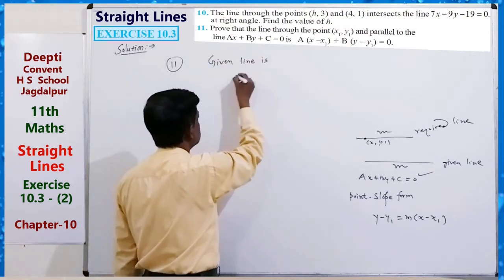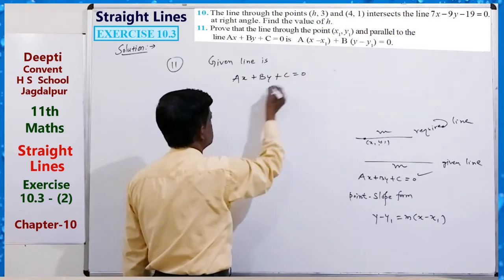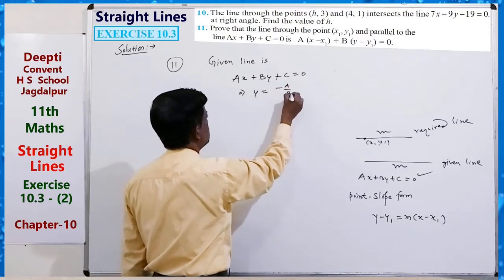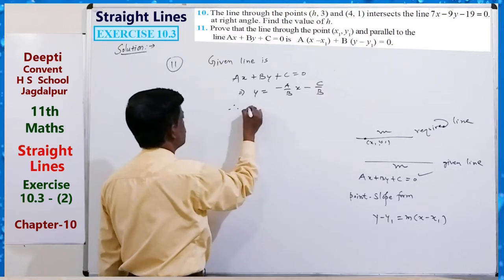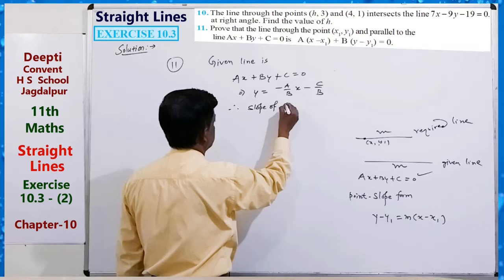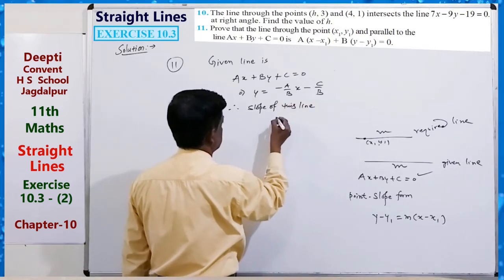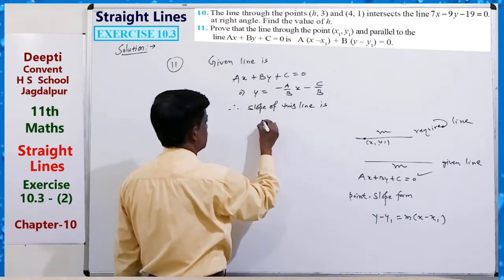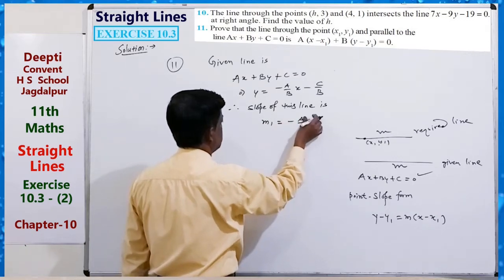The given line is ax plus by plus c equals 0. So we can write y equals minus a by b x minus c by b. Therefore the slope of this line is m1 equals minus a by b.